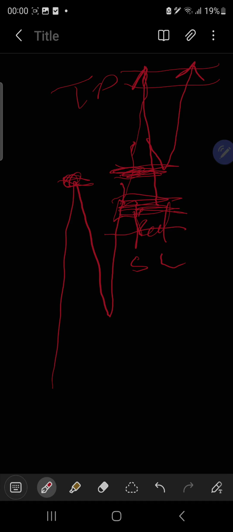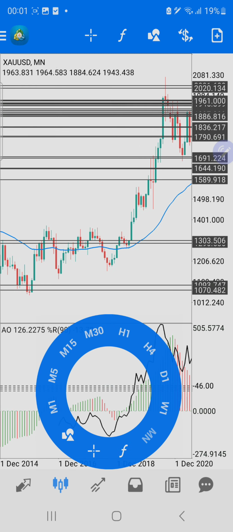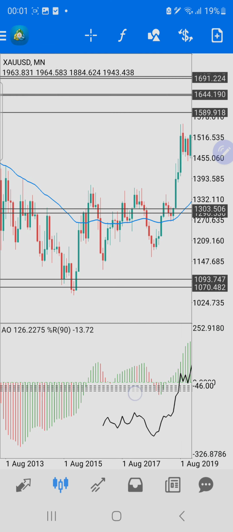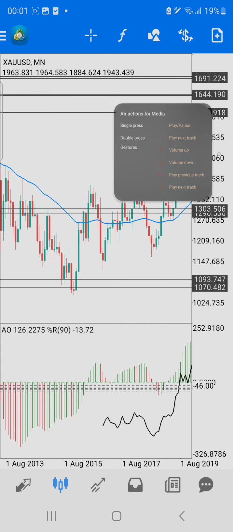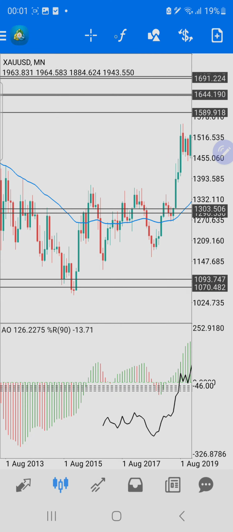Now going to the charts. What you are supposed to do is look for the setups. Let me show you the first setup. The first setup I told you about invalidates once the market breaks this area.